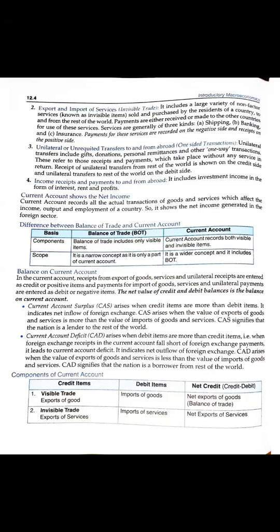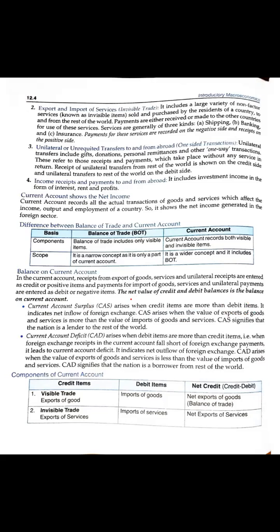So when credit items are more than debit items, in other words, the amount receivable is more than the amount payable, we call it a current account surplus. Got my point?